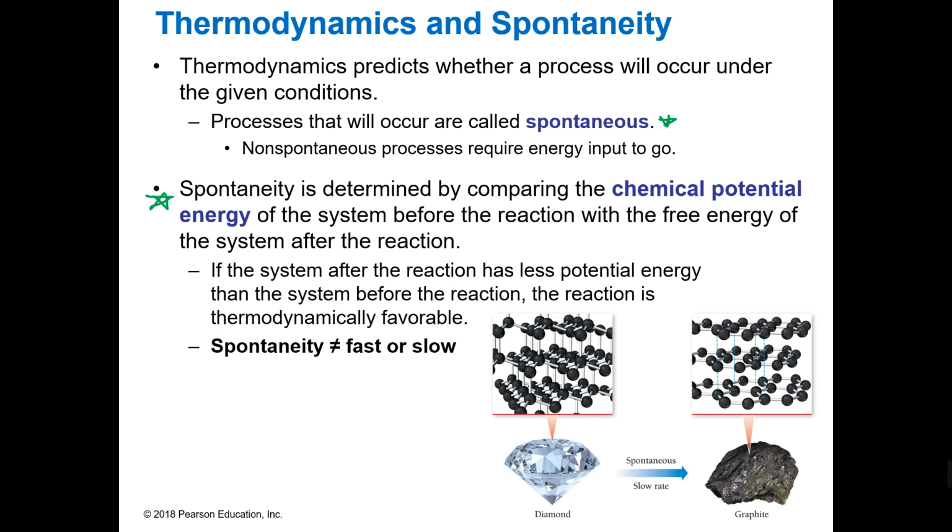We can see cars in a junkyard go from nice paint, then they get a little ding and rust pretty quickly with the weather conditions. However, it is not spontaneous to get that rust to turn back into the metal and the paint. That just will not happen, just like a waterfall flowing upwards is not spontaneous. It's never going to happen.